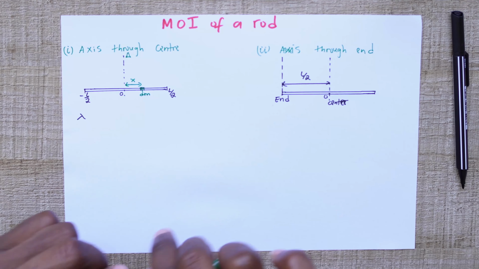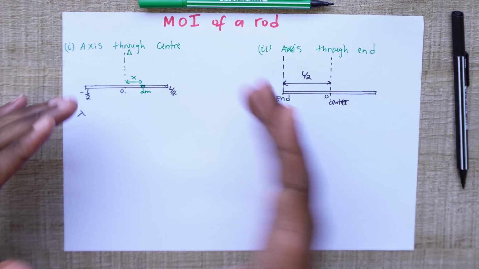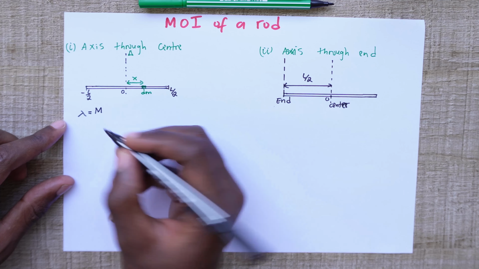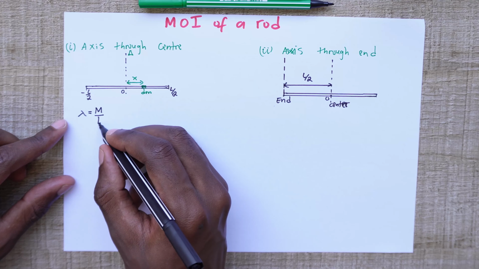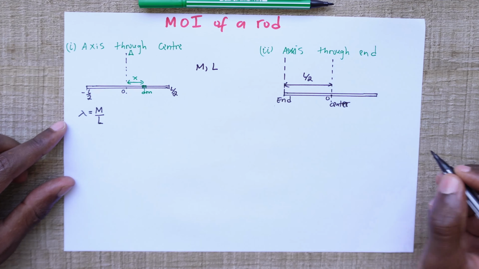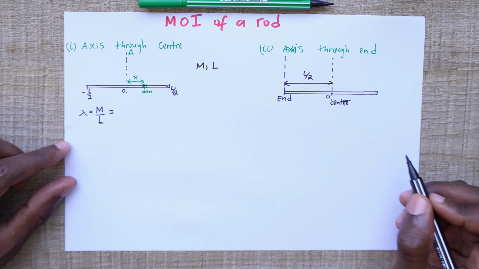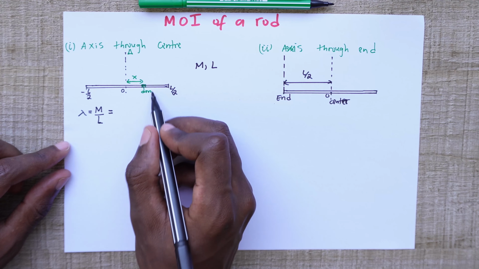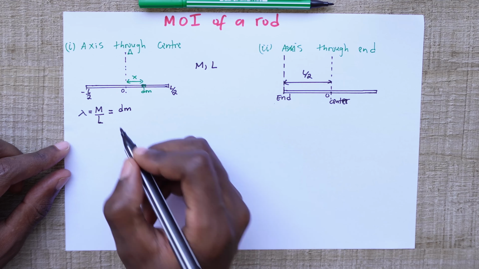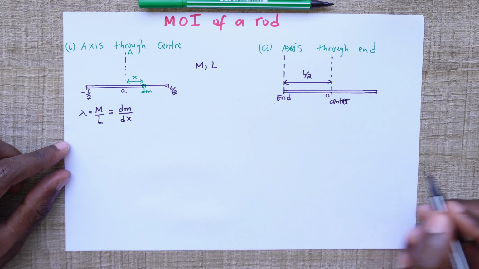Lambda is the mass distribution, which means since the mass is uniformly distributed all along the length of the rod, lambda is just going to be the mass of the rod, in this case capital M, over its length, capital L, because the rod has a mass of M and a length of L. This then also has to be equal to the elementary mass, which is dm, divided by the elementary length, which we can call dx.